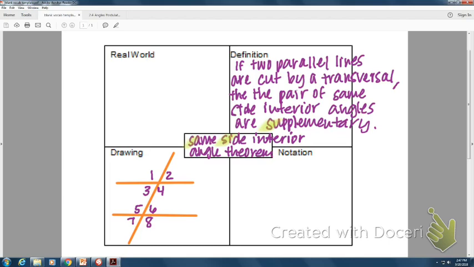So we're on the same side of the transversal and inside the parallel lines. Give me a pair. 3 and 5. They should say measures, a little m. The measure of angle 3 plus the measure of angle 5 equals 180, and the measure of angle 4 plus the measure of angle 6 equals 180.